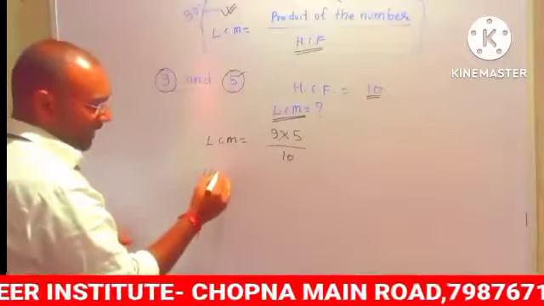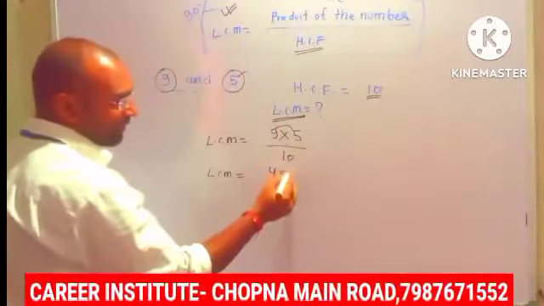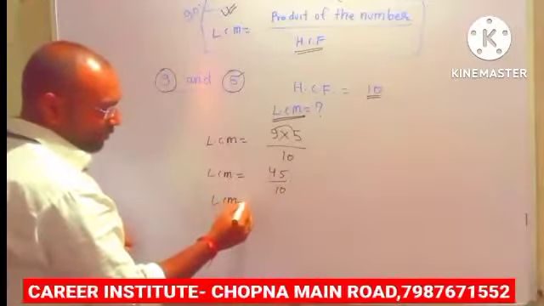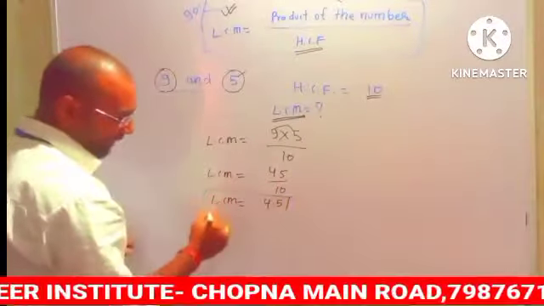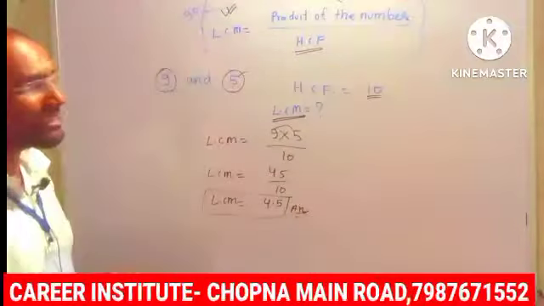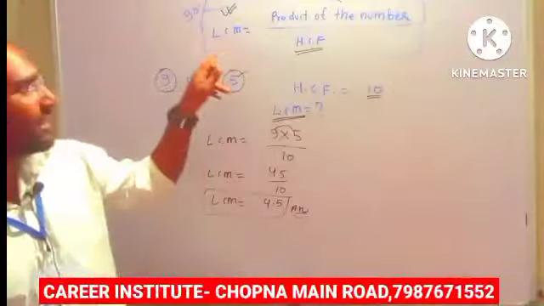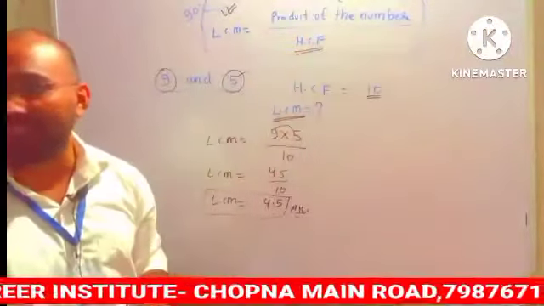The next step: LCM is equals to 9 5s are 45 divided by 10. Then LCM is equals to 4.5. This will be the answer. Method is clear. It was just an example. LCM is equals to product of the numbers divided by HCF.